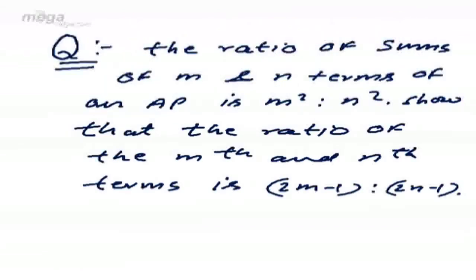The question is: the ratio of sums of m and n terms of an AP is m square is to n square, so prove that the ratio of the mth and nth terms is (2m minus 1) is to (2n minus 1).